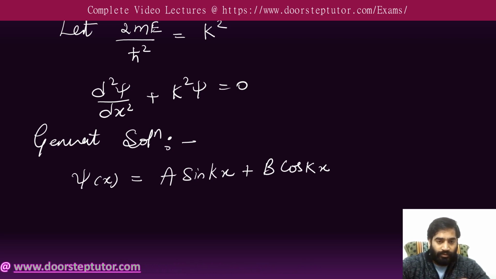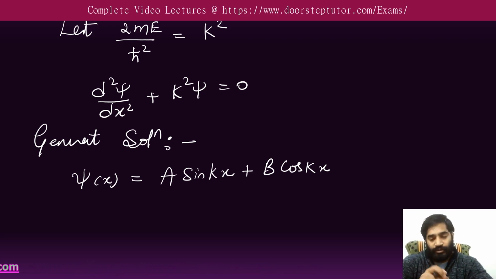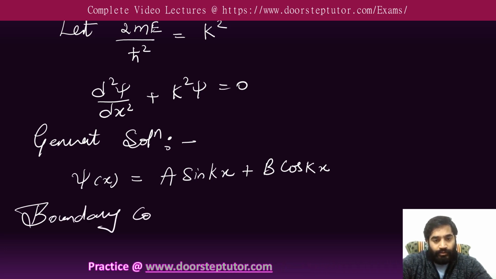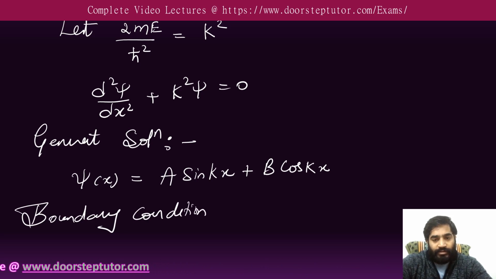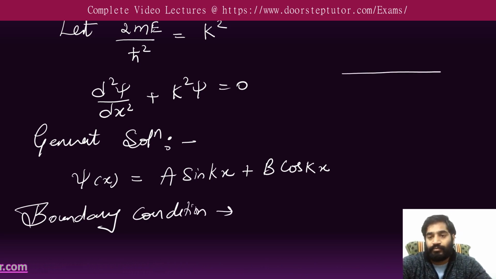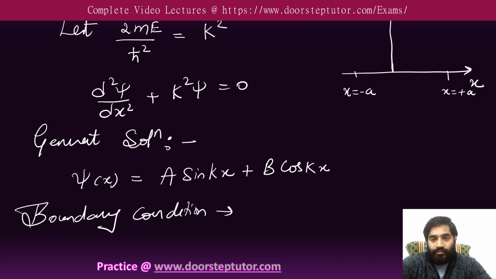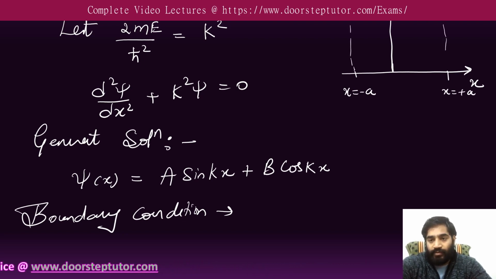So the first step was to write the Schrodinger equation, the second step was to write the solution of the Schrodinger equation, and the third step is to write the boundary conditions. For this, just look at the figure. Again, this is x, that is y, V of x, and you have the region from x equals minus a to x equals plus a.